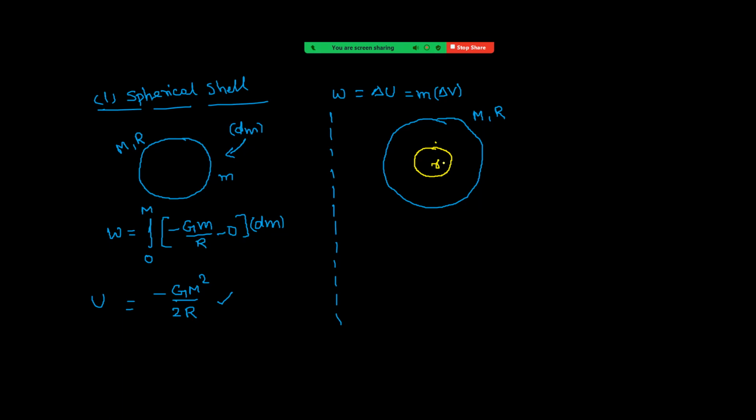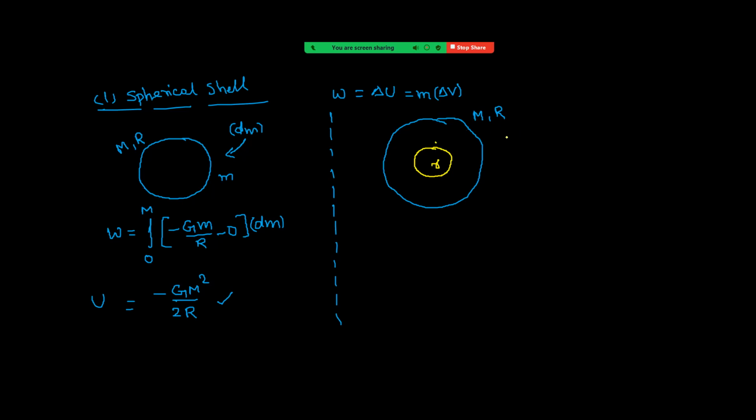We are bringing small masses dm to construct it. In that process, at one point of time, we have a solid sphere of smaller radius r. Now we have to construct a solid sphere of radius capital R and mass capital M.